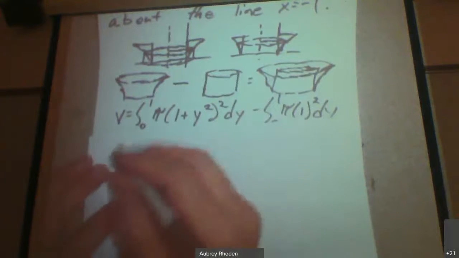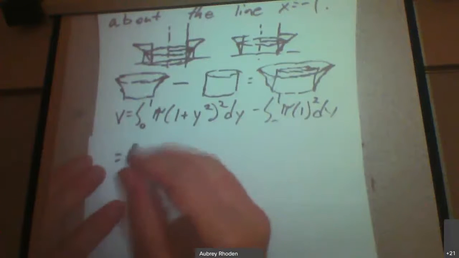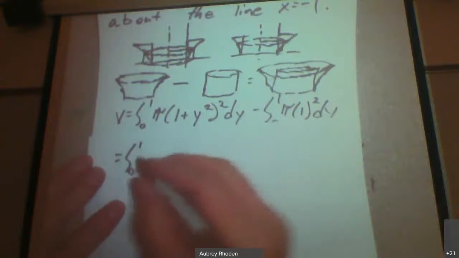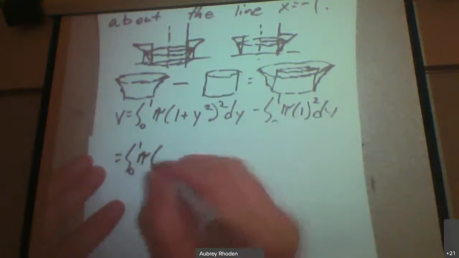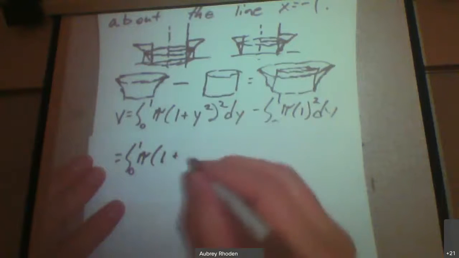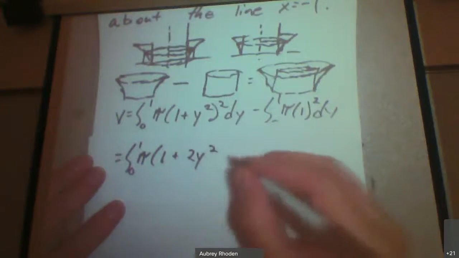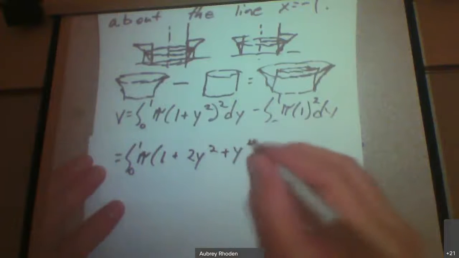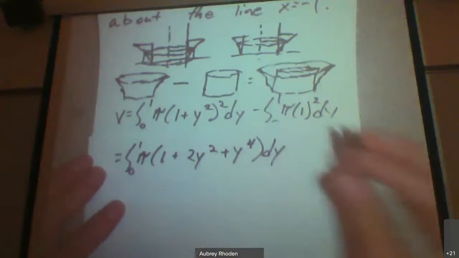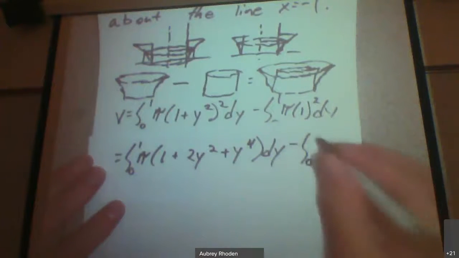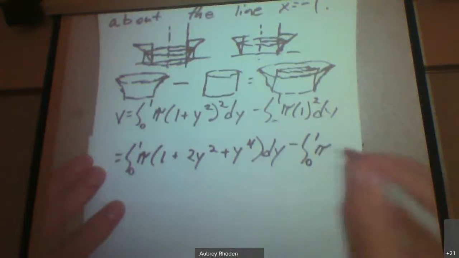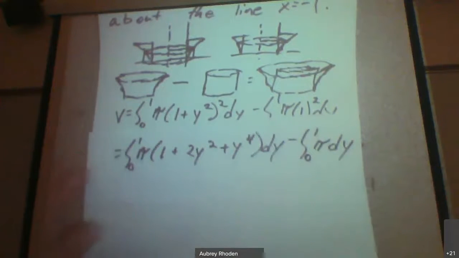So this is going to equal the integral from 0 to 1 of pi times (1 plus 2y squared plus y to the 4th) dy, minus the integral from 0 to 1 of just pi dy.